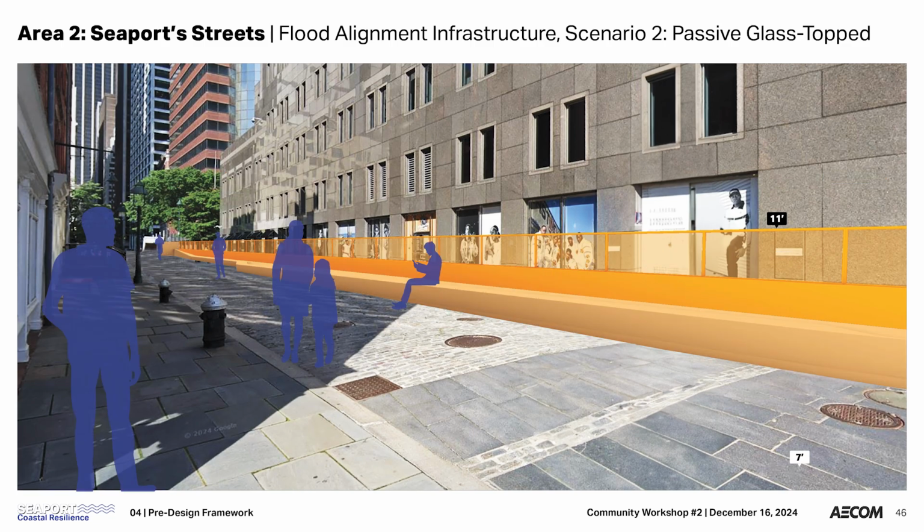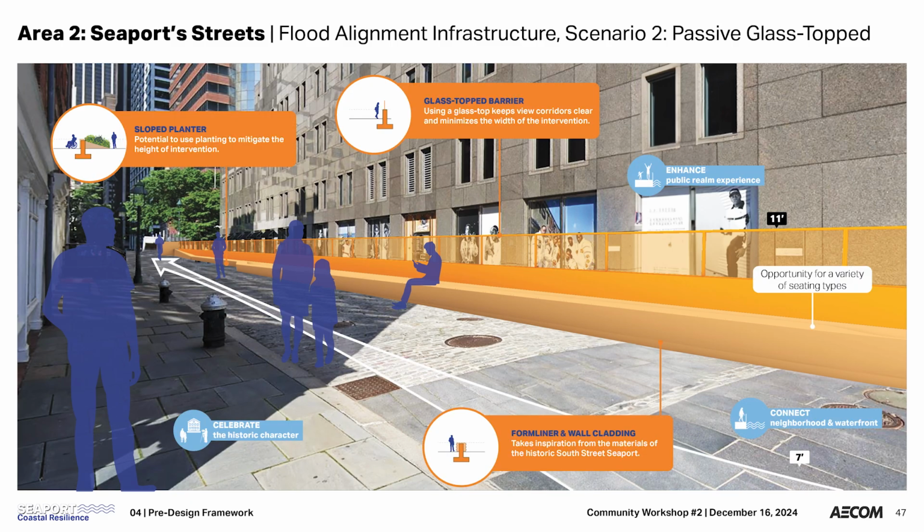So we don't have to have a deployable, but there are limitations to how high you can go with glass toppers, which is why we're setting the framework for that. But opportunities for that are also very different.